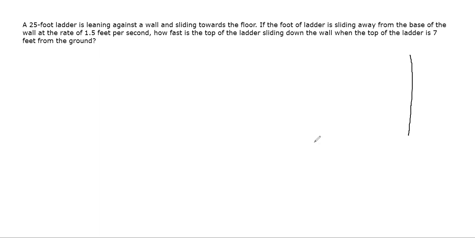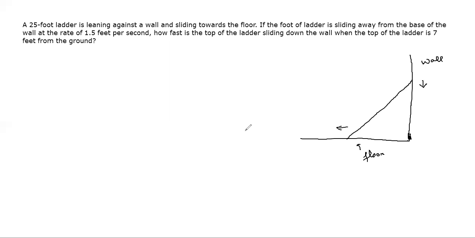If we want to solve this problem, let's first of all draw a figure which would represent this situation. Suppose this is the wall, this is the floor, and a ladder may be this. The ladder is sliding away from the base of the wall and hence its height is also reducing.